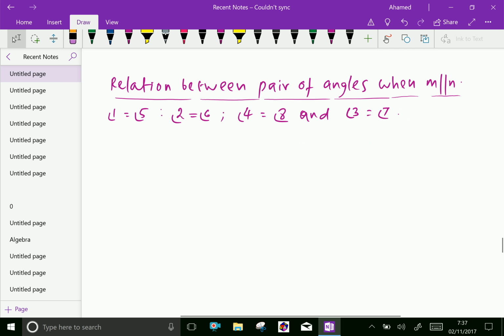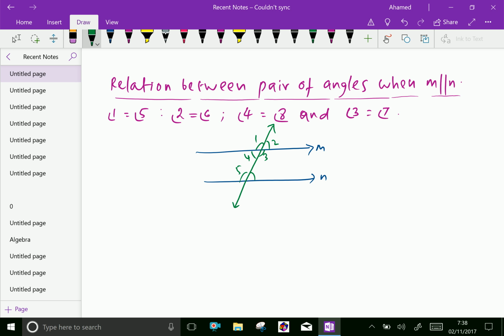Now, the relation between pairs of angles when M is parallel to N. Suppose the two lines are parallel. Here this is M and N, with the transversal crossing. Now note the angles in order: 1, 2, 3, 4, 5, 6, 7 and 8.